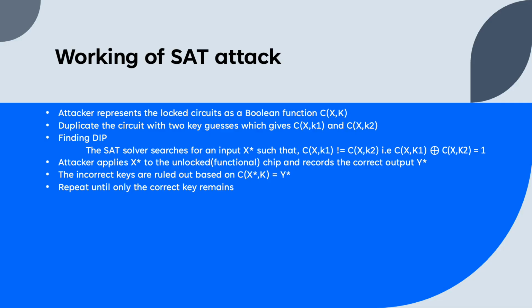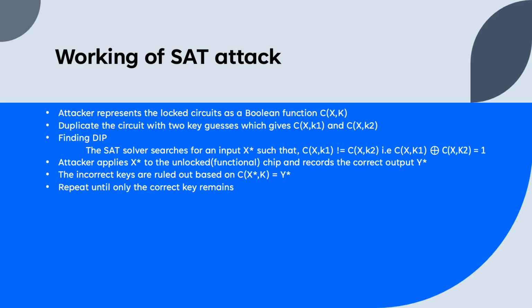Since multiple incorrect keys will fail this check simultaneously, they all get eliminated at once. Thus each iteration of the attack can eliminate a large number of incorrect keys instead of just one.